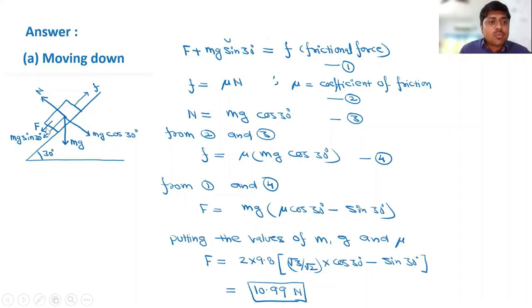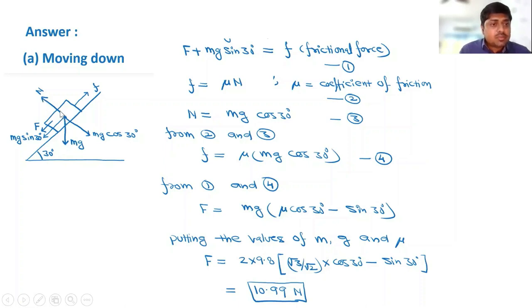For moving downward, this is our diagram. This is the inclined surface that is making an angle of 30 degrees with the horizontal plane. And here is our body of mass m. If we identify the forces acting on this body in different directions, then this is the force acting in this direction because of the weight.